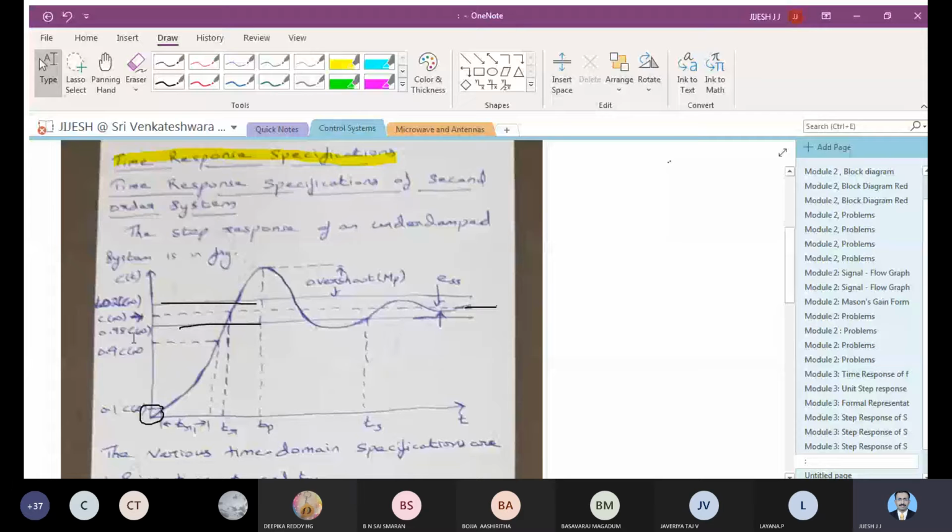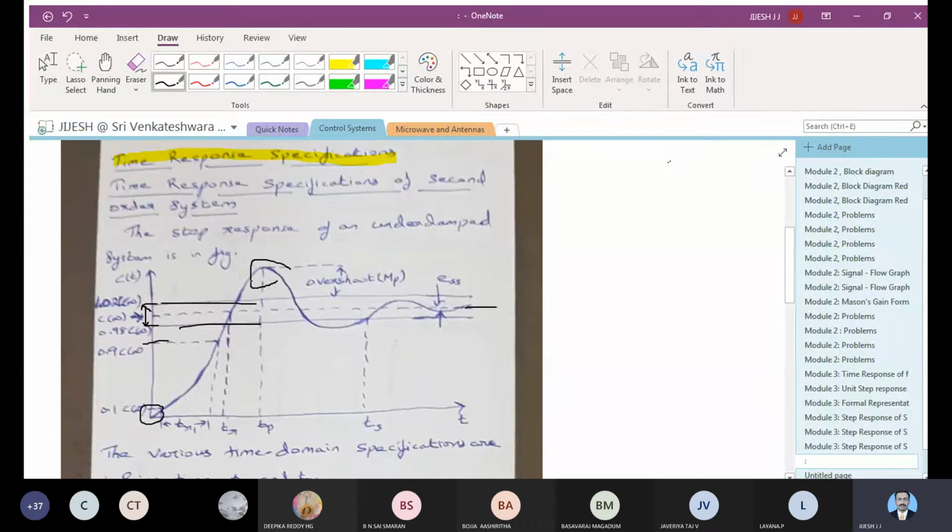So you can see this is the 2% margin where the wave gets settled down. This portion is called the overshoot, where the signal peaks beyond the point. It is denoted as MP.